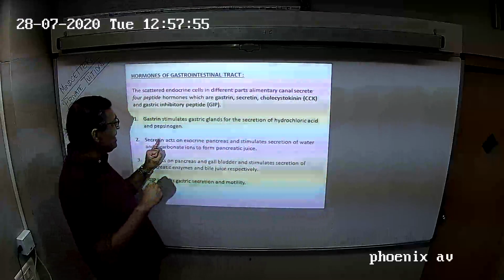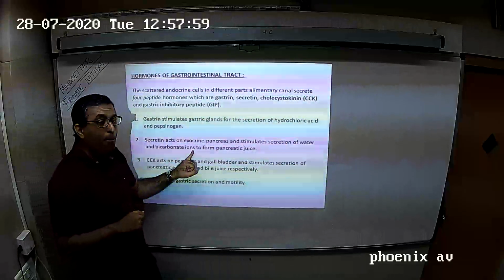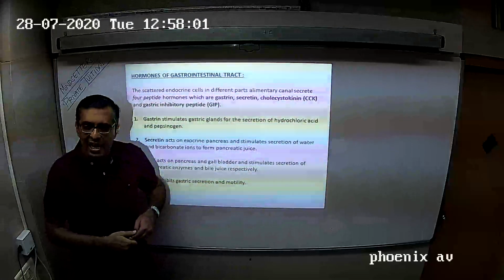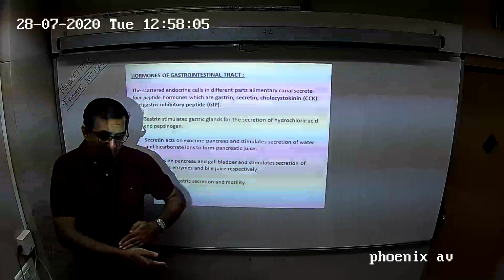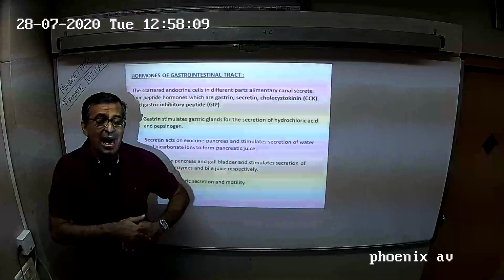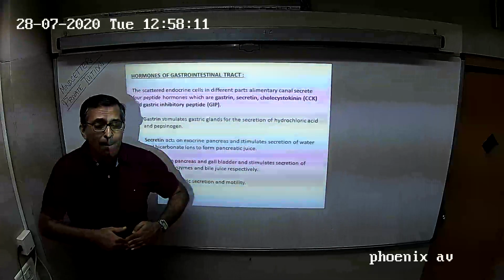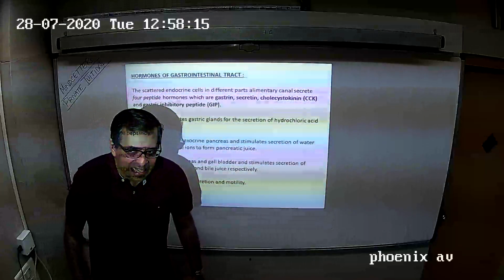So secretin will help in the addition of bicarbonate ions to the pancreatic juice, and bicarbonate makes the pancreatic juice very alkaline.